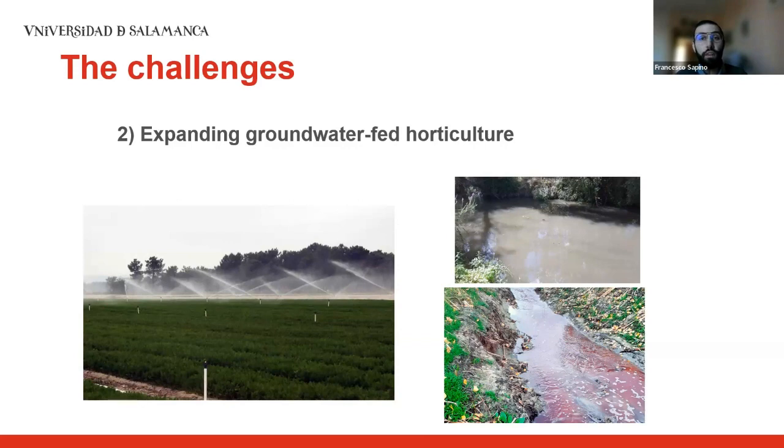This is a good thing from an economic perspective for the development of the catchment and of the region, but of course it also comes at the cost of increasing the pollution of the area, especially from the leaching from agriculture.